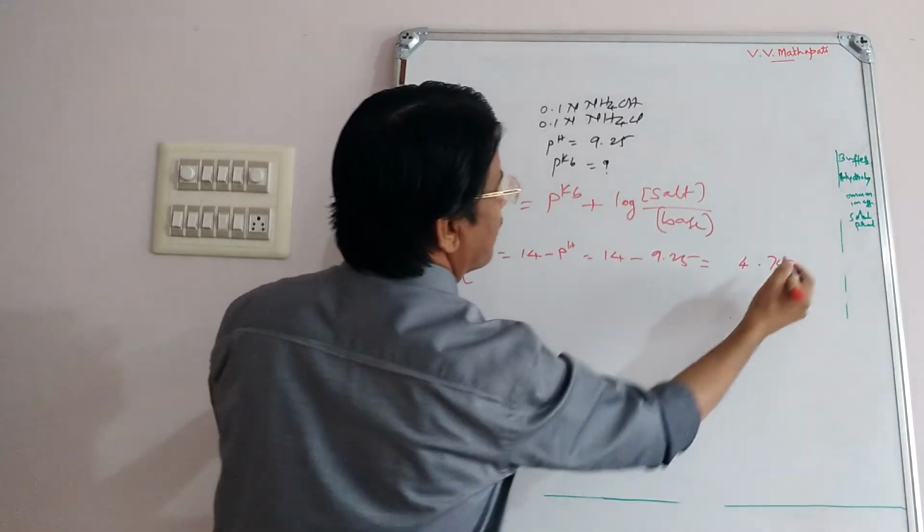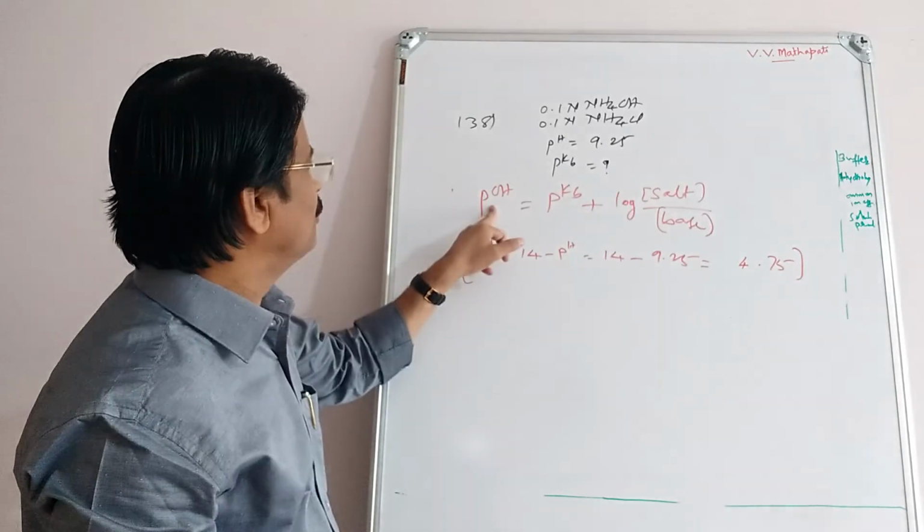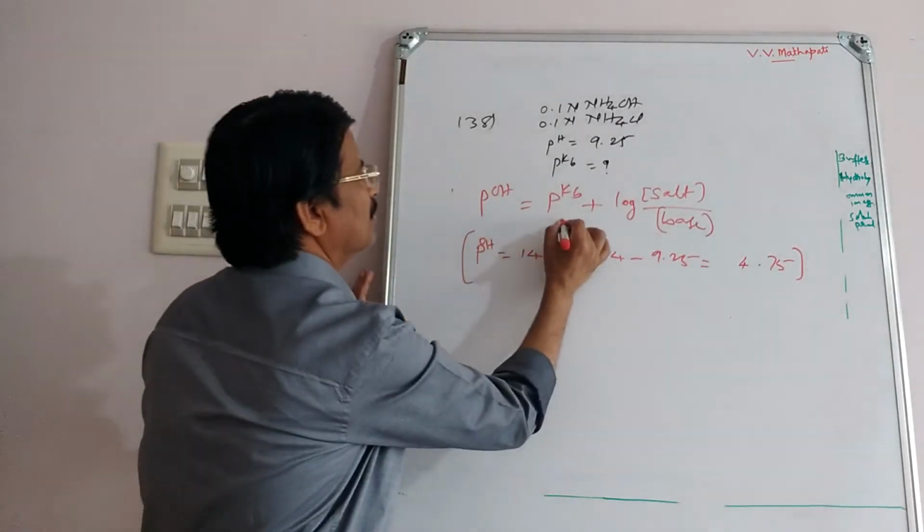Alright. So here I calculated the pOH value and will find out pKb.